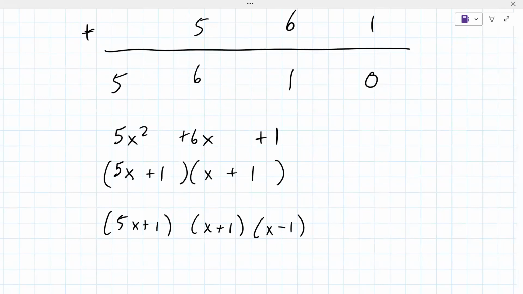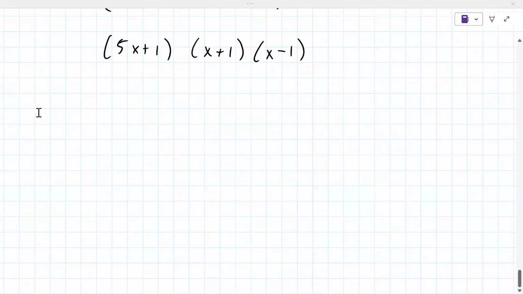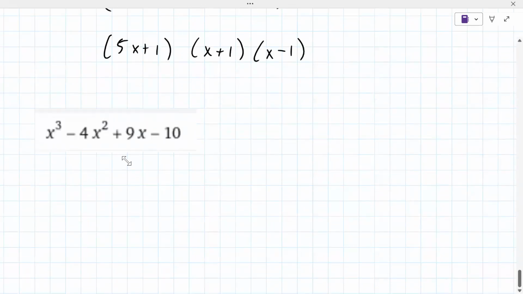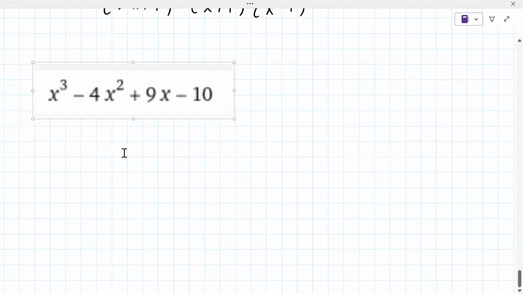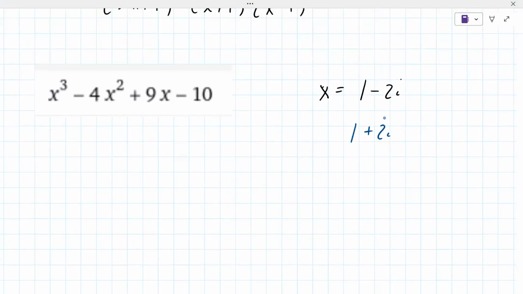Okay, I'm gonna really quickly show you something else here because I assume you'll see this in class, but might as well. So here's a new problem for us to look at. They might tell you that one of the roots is 1 minus 2i, which means that the other root is 1 plus 2i.